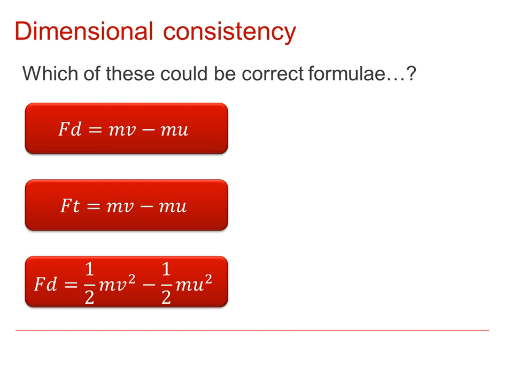Well, in the first one, the left hand side has dimensions of force multiplied by distance, so the dimensions of F multiplied by D, or force, is MLT to the minus 2, and distance is L, so we've got ML squared T to the minus 2.